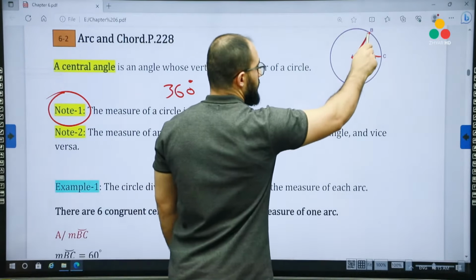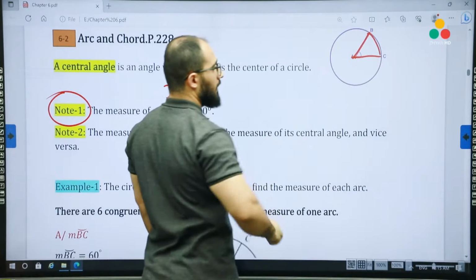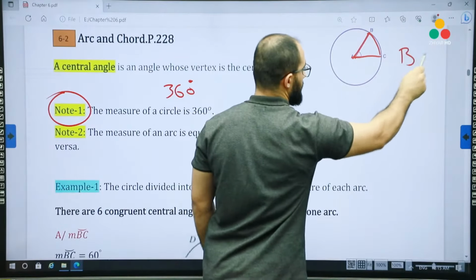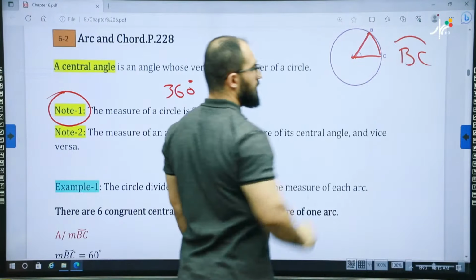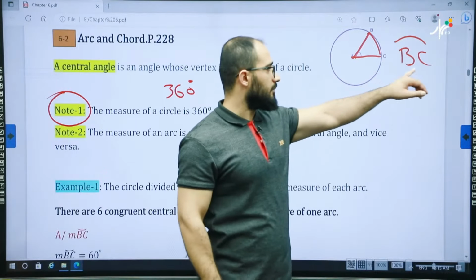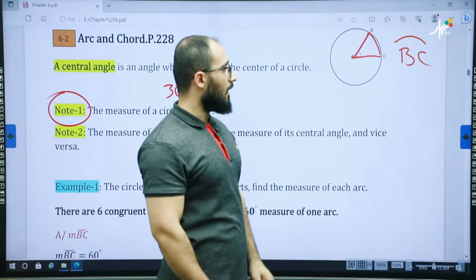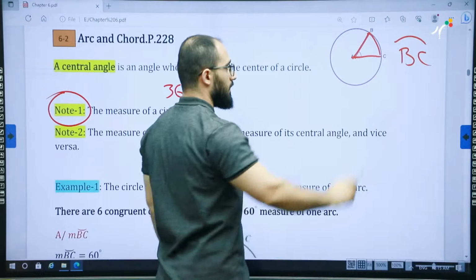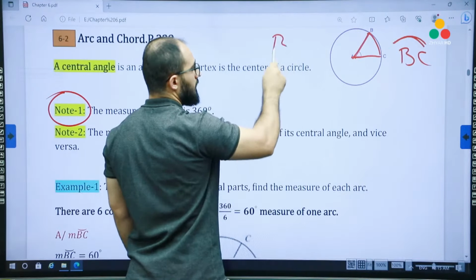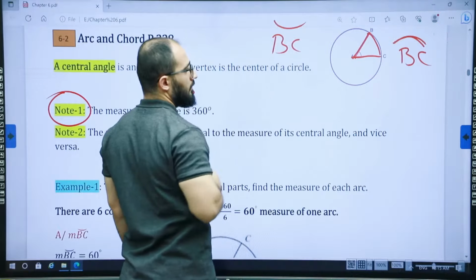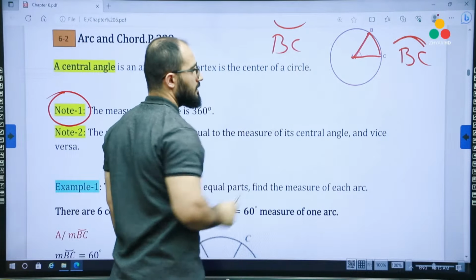If you want to find the measure of that arc, this arc is BC. Be careful when you write the curve on BC, it means this is an arc. This sign means arc, or sometimes you write it in that way. Both of them mean arc.